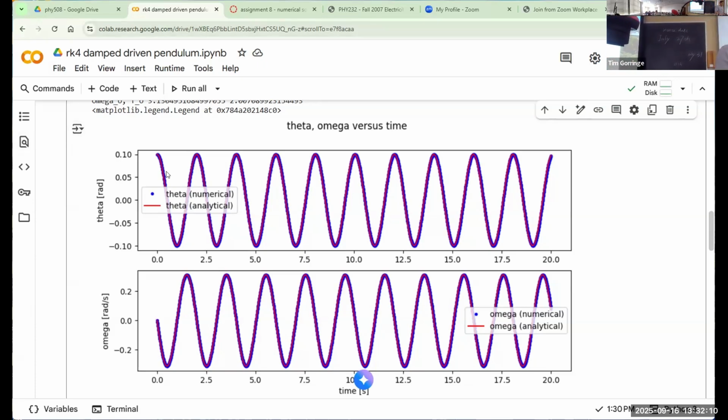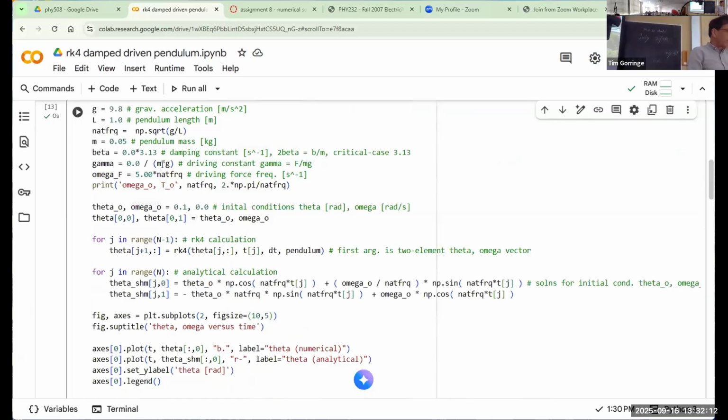The period of these oscillations should run back up here. G was 9.8 meters per second squared, and the length of the pendulum was 1 meter. So G over L is 9.8. The square root of 9.8 is about 3.1. So the natural frequency, which is the square root of G over L, is going to be 3.1 radians per second.